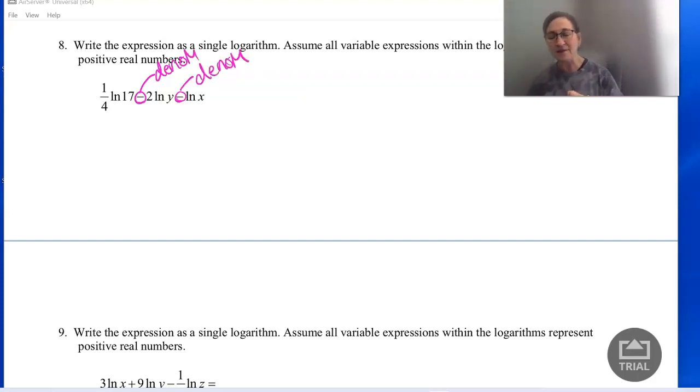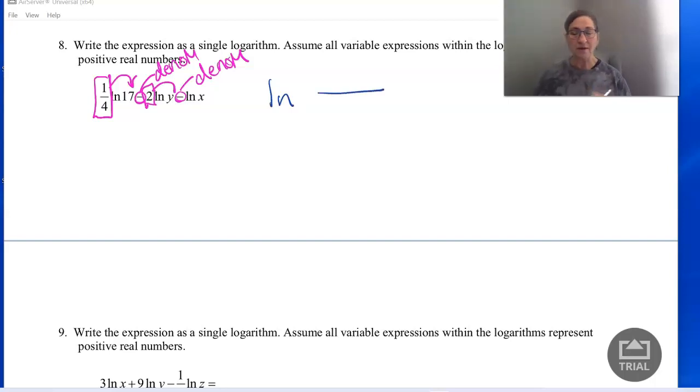Okay? Anything that is a coefficient is going to become a power to each of those arguments. So this is going to give me, I'm going to write my natural log, then my argument is going to be a fraction.